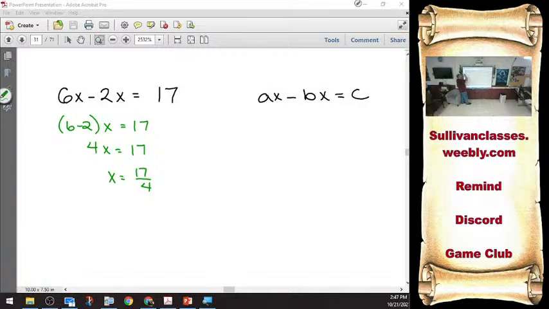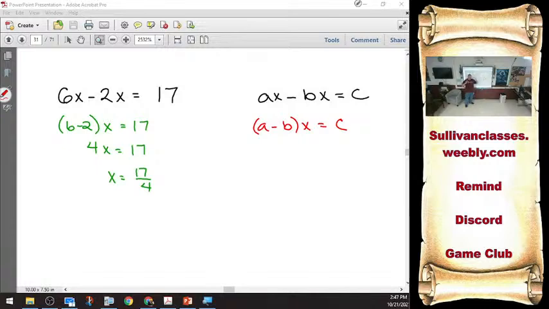I'm going to do the same thing here, except it's all variables. I have an a minus b x. Combine like terms. If I divided by the 4, didn't I really divide by the 6 minus 2? So what will I divide by?